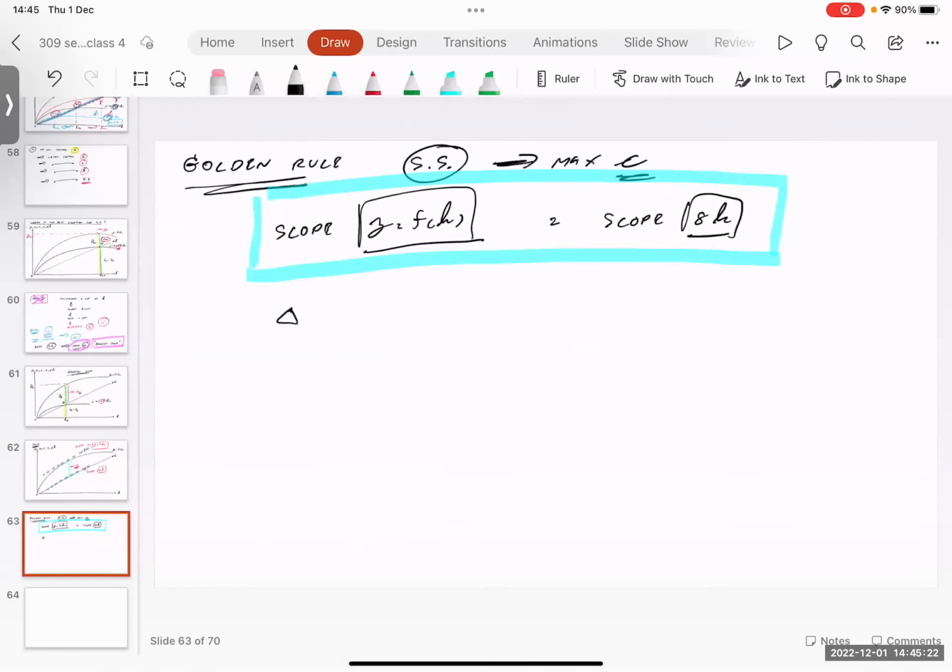So for the production function, the slope is going to be delta y over delta k. Delta is just like a derivative, right? It's calculus. So this is equal to delta y equal to function of k over k.